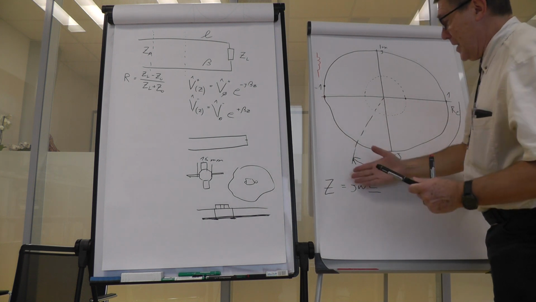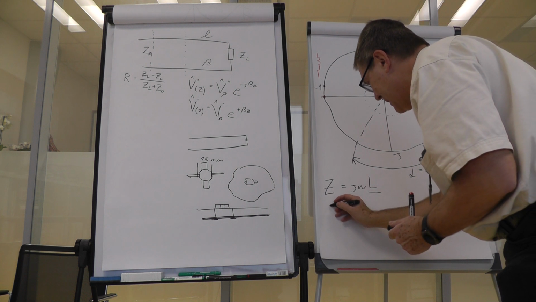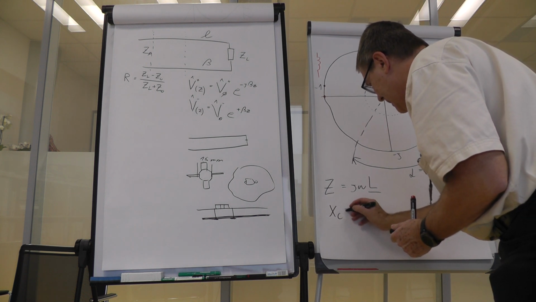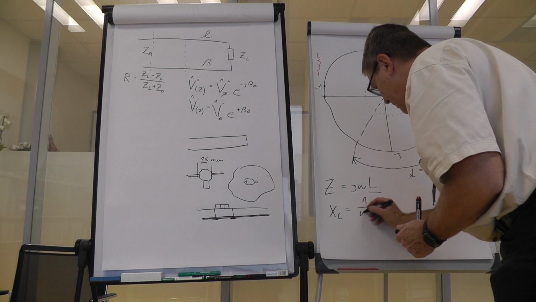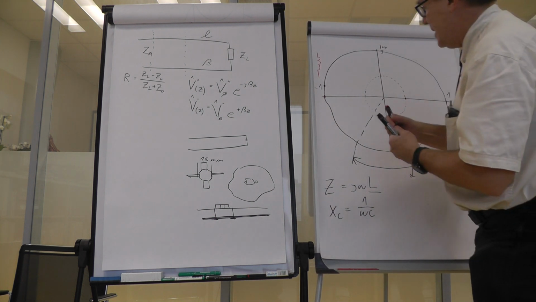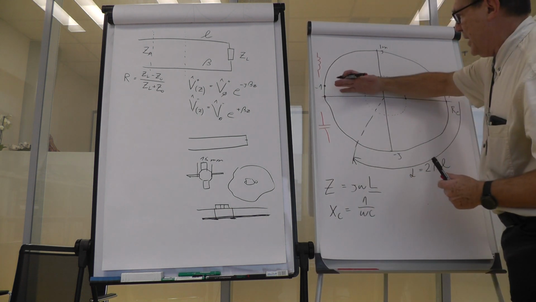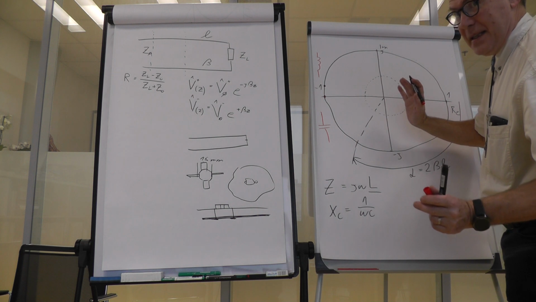And if you have something which is lower on the graph than the real axis, it's somehow capacitive.